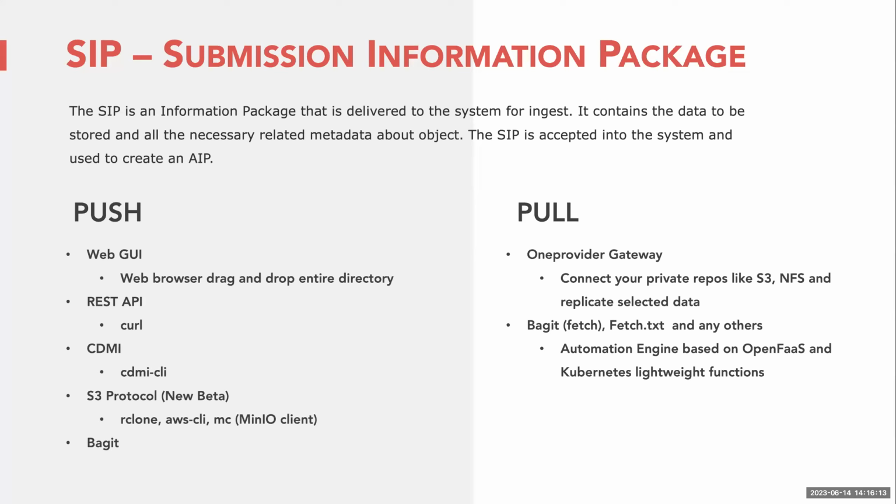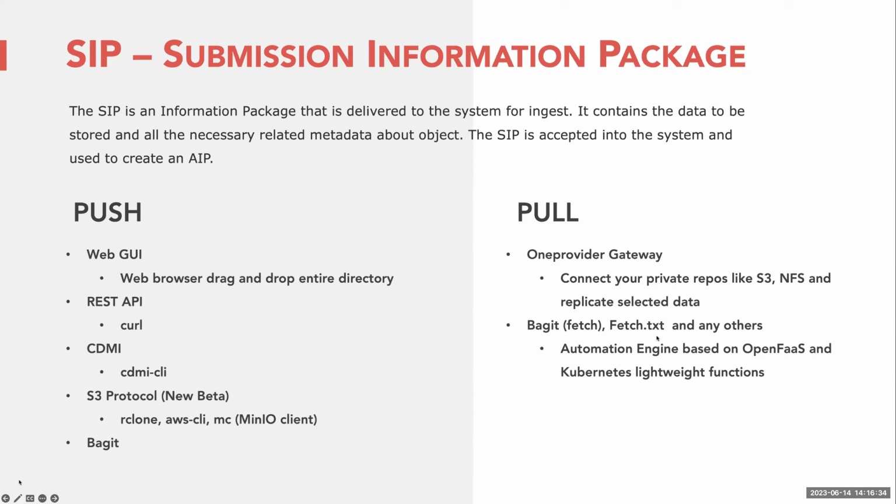But this file might not contain all the data you have, but might contain references or links to the files, which have to be downloaded from the internet. And our system is pulling the data, combining everything into one package, validating, and in the end, performing the archivization process.